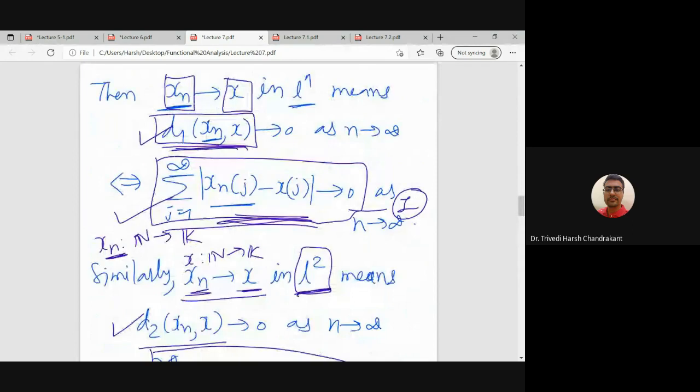But if this is true, that the summation from j equals 1 to infinity of |x_n^j minus x_j| converges to 0 as n tends to infinity, can we say that x_n^1 converges to x_1 as n tends to infinity?